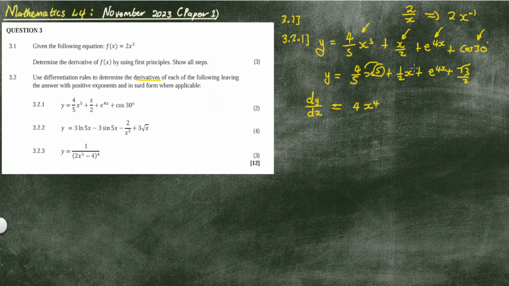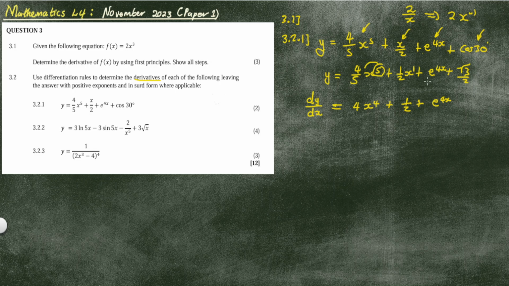Then take the 1 and multiply by the half, and then 1 minus 1, that's 0, meaning x raised to exponent 0 gives a 1. Plus, it's going to be e raised to exponent 4x.